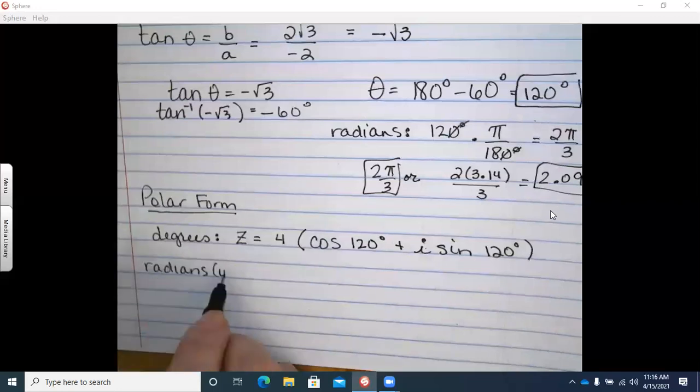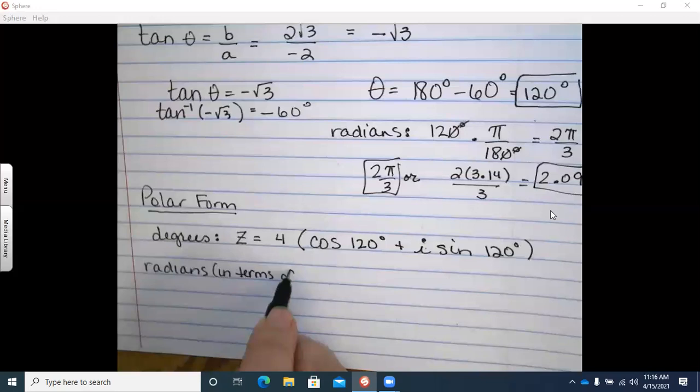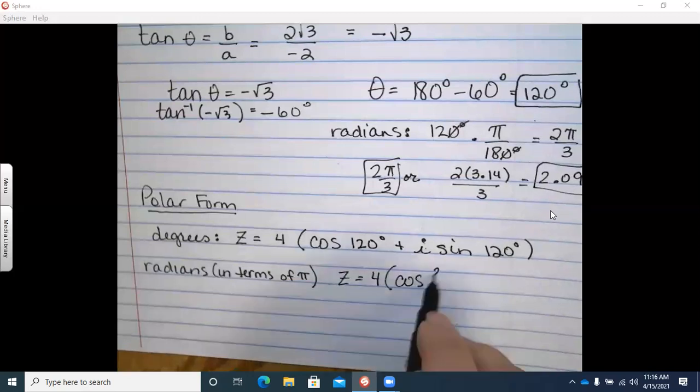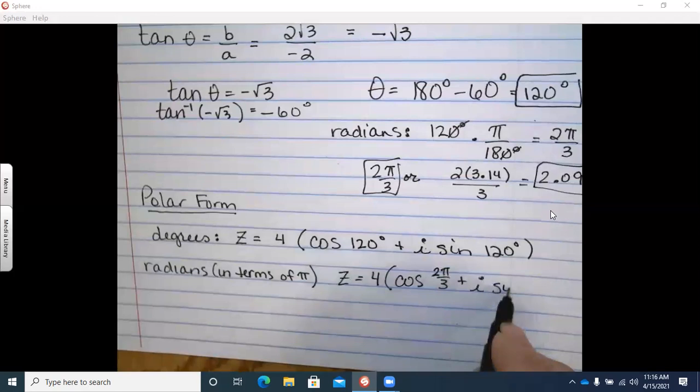So that's z equals 4 times the cosine of 2/3 pi, plus i times the sine of 2/3 pi.